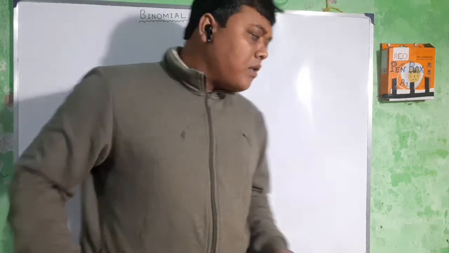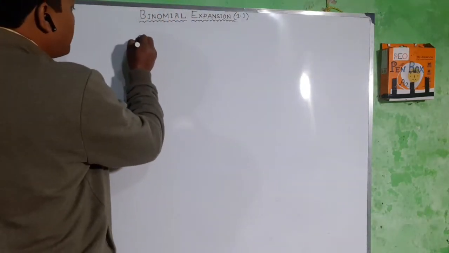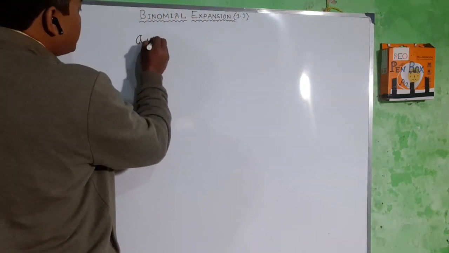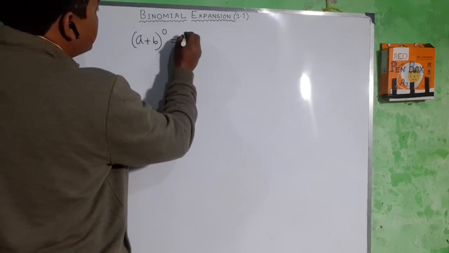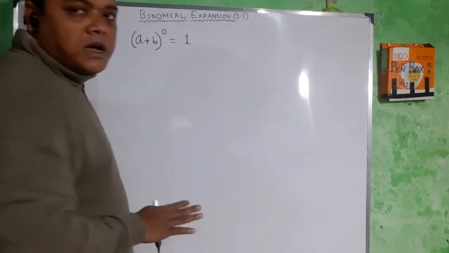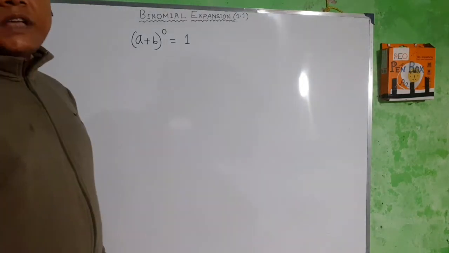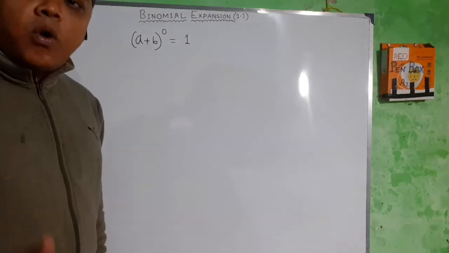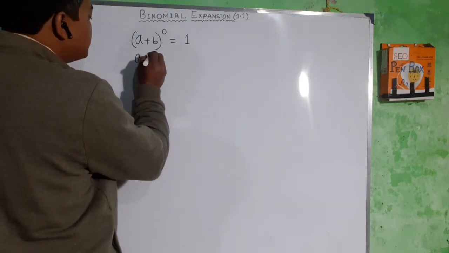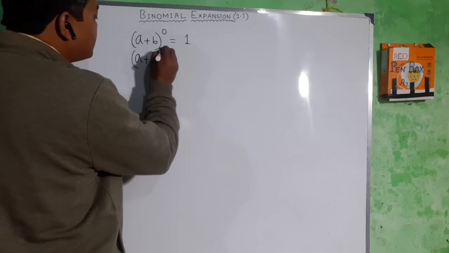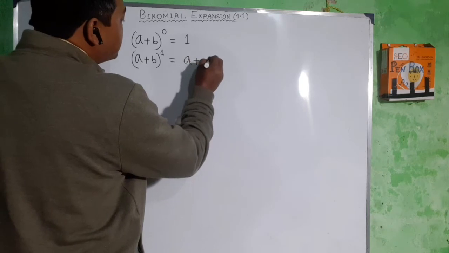Now first I will discuss a plus b whole to the power 0. The value is 1, because we have already discussed in the law of indices part that anything to the power 0 is always 1. What about a plus b whole to the power 1? This is also a plus b.